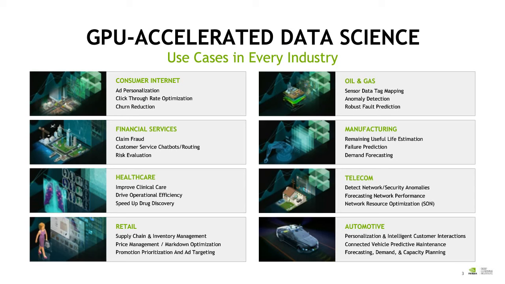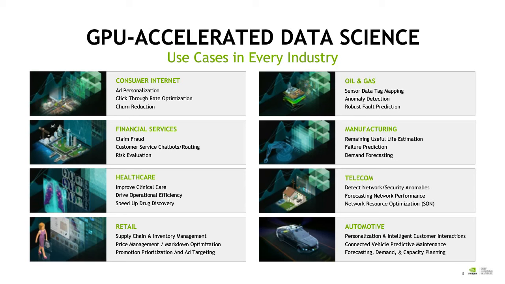Here, you can see a partial list of the industries and use cases where GPU-accelerated data science can have a big impact. In healthcare, for example, accelerated data science can be used to better predict disease drivers with genomic medicine, improve health outcomes with analysis of electronic medical records, and predictively determine the best care or treatment for a wide range of health conditions.